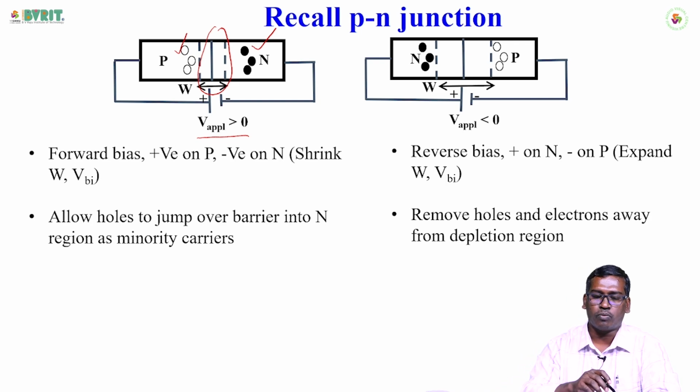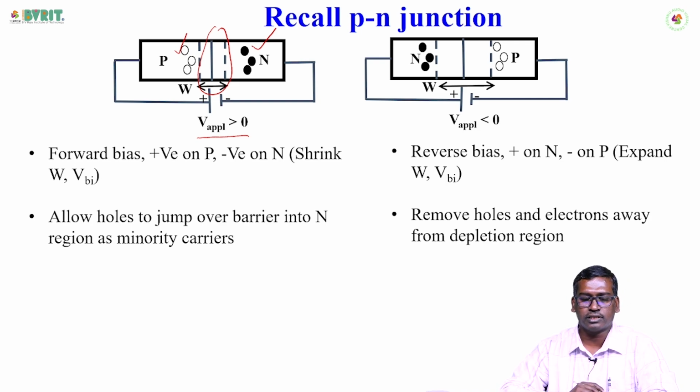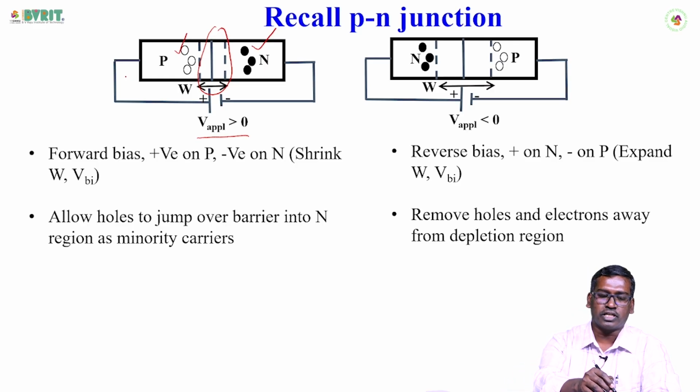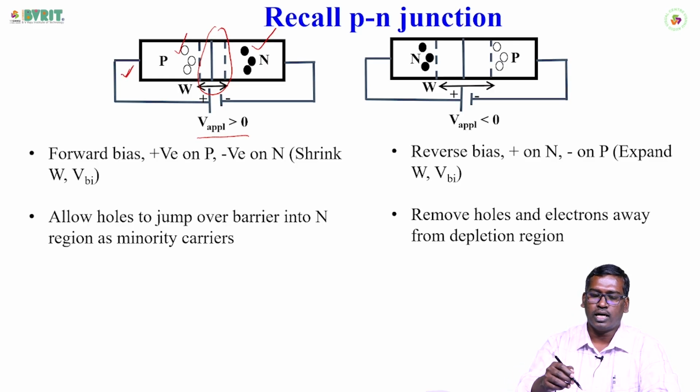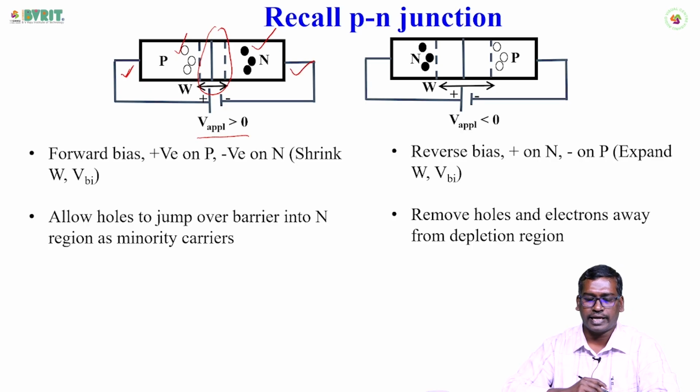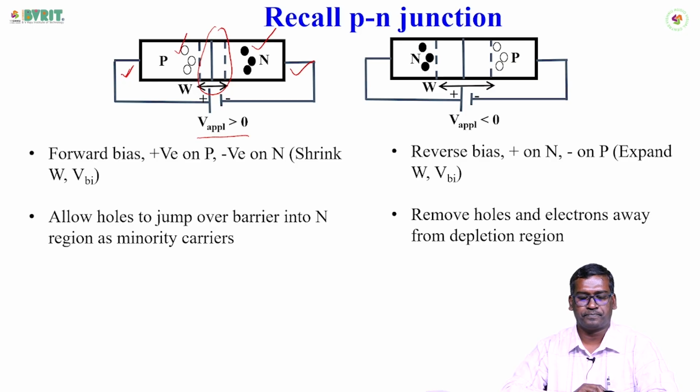When we say the PN junction is in forward bias, the positive supply is connected to the P side and the negative voltage is connected to the N side. The holes jump over the barrier into the N region as minority charge carriers.